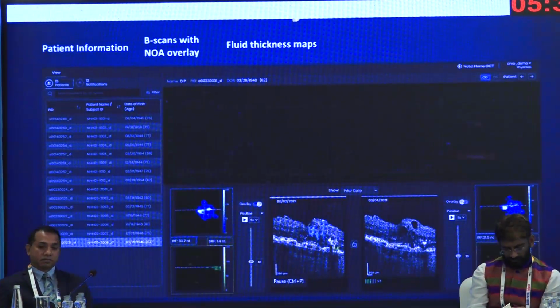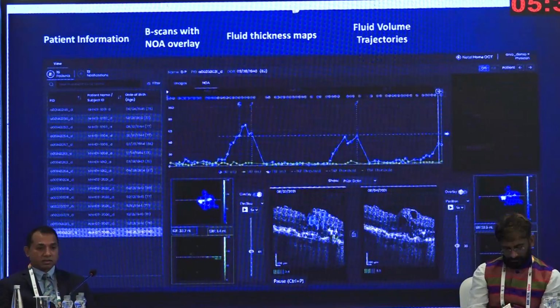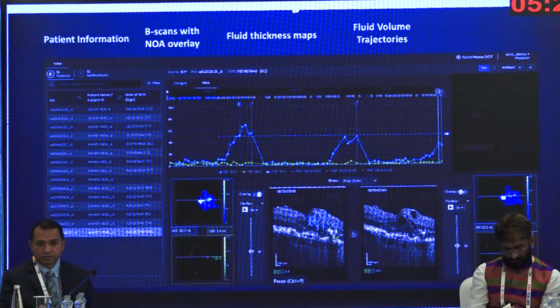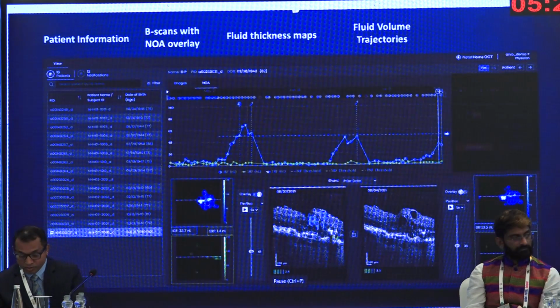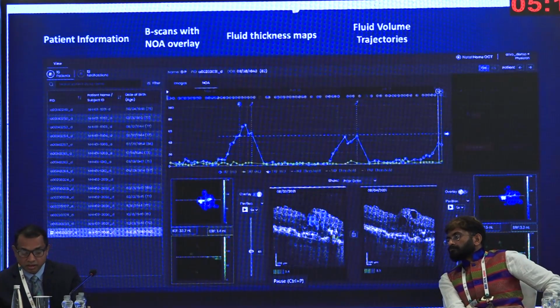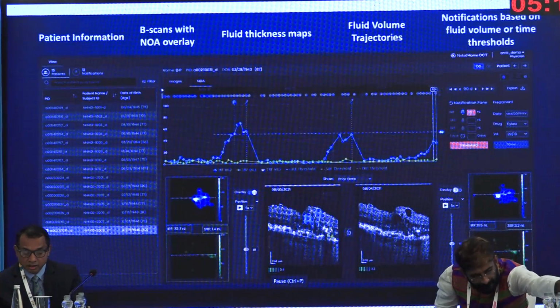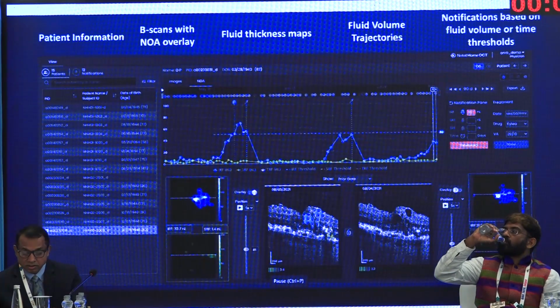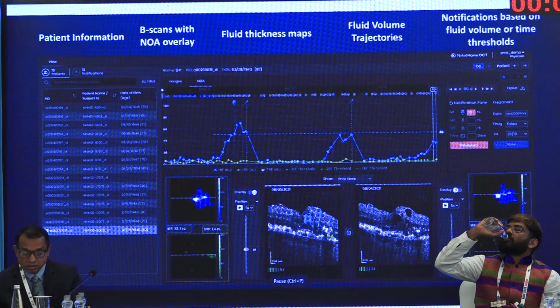You also have the fluid thickness maps, and the fluid volume trajectories, various volumes, the intraretinal fluid in blue, the subretinal fluid, and then we can actually put the threshold. For this study, we put a threshold of 10%. That means a 10% increase in fluid: the patient gets a notification, we get a notification, and the patient is called.